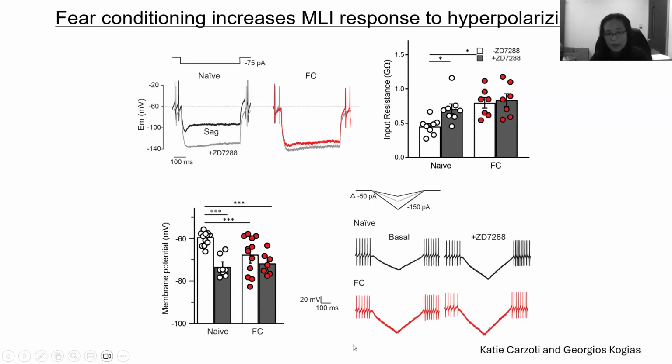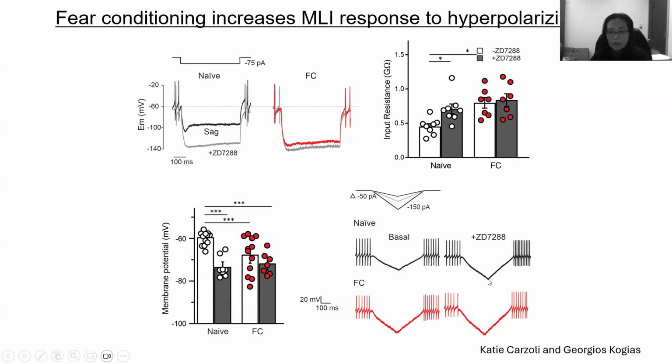Now, after fear conditioning, the hyperpolarization becomes greater than in the naive animal. And what's also interesting here is that at the end of the current ramp injection, the action potential firing is higher than before. So this is like a rebound potentiation. Now, if we apply IH current blocker to the naive animal, you will see the same thing happens.